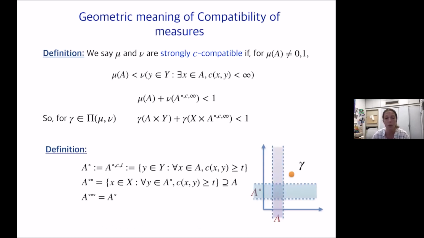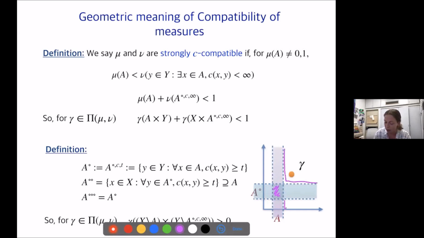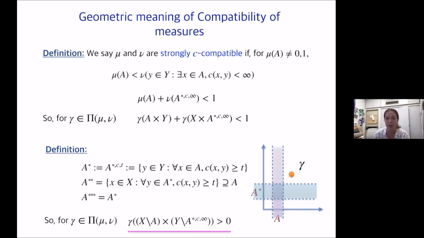And this is really what we are using for the connectivity of that graph. What we are using is that for any transport plan, the gamma measure of whatever is left outside here is positive. So there is some density point there. And this is really what we needed to get the connectivity of the graph.